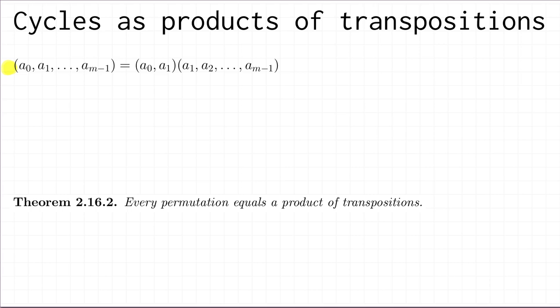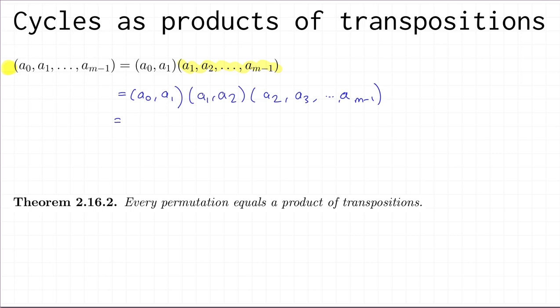But we can use our result from the previous page multiple times. If you just leave a0, a1 alone, and then use the lemma on the cycle here, then it would tell you that this is equal to (a1 a2) times (a2 a3 up to am minus 1).